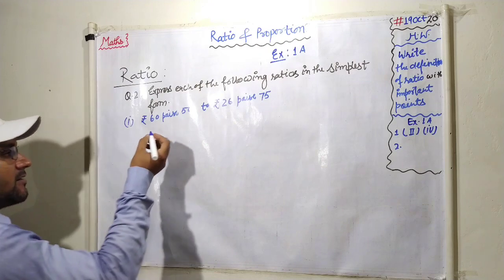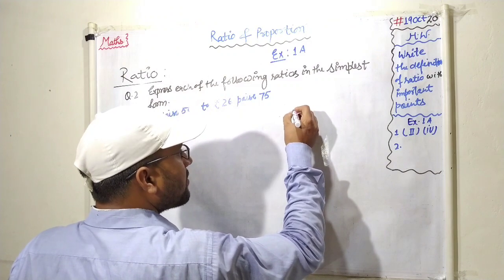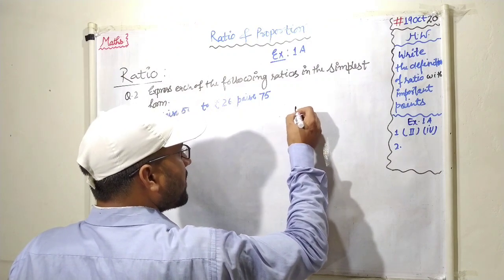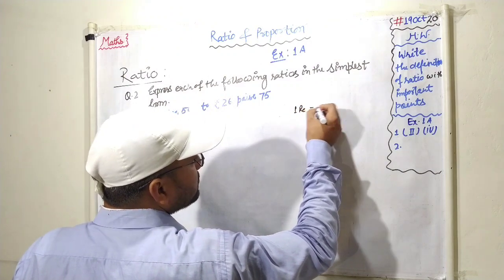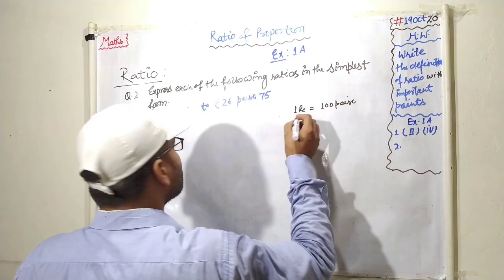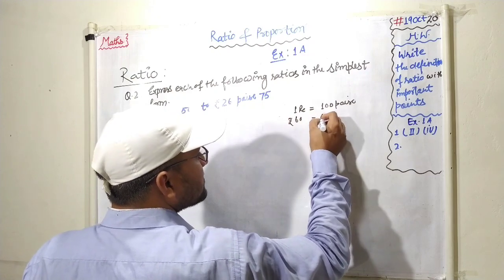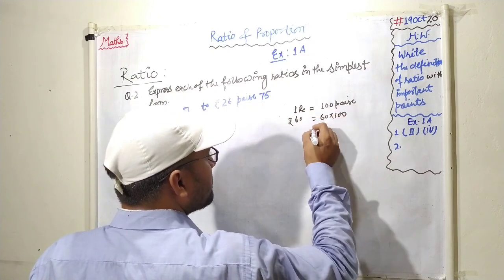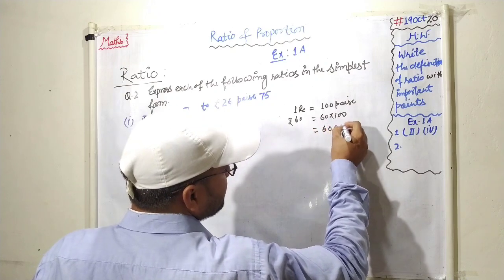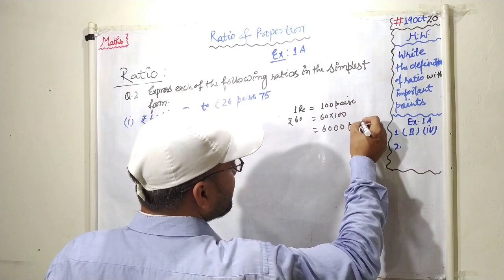So here we know that 1 rupee is equal to 100 paise. So 60 rupees is equal to 60 multiplied by 100, you will get 6,000 paise.